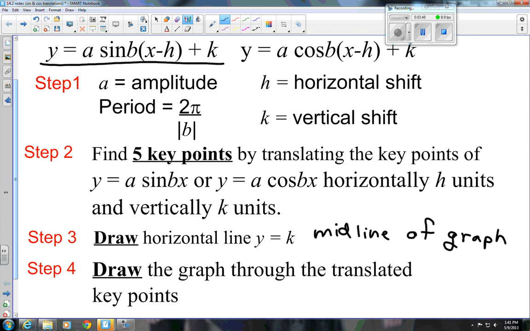If k equals 0, the midline of the graph is just your x-axis, which is what we've been doing. Then the last thing is we're going to plot all those 5 key points and draw your graph through those points. Okay, I'm going to give you some time. I'll watch and let you get it all written down, and then when everybody's ready, we'll do a couple examples.